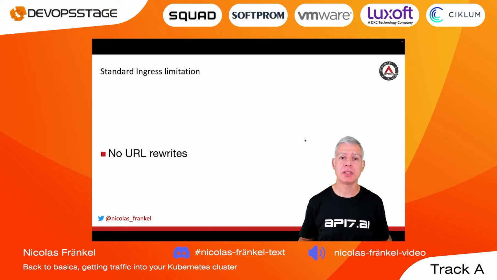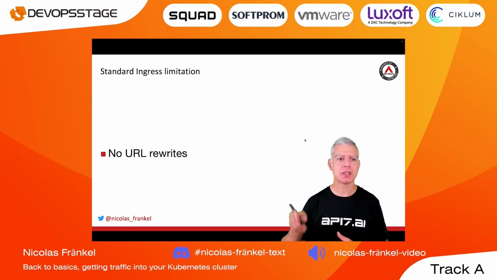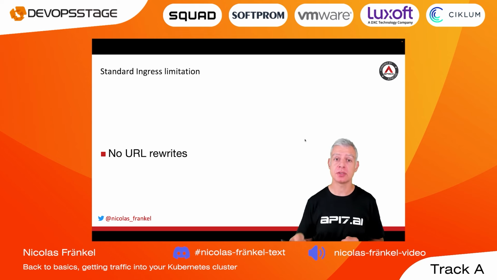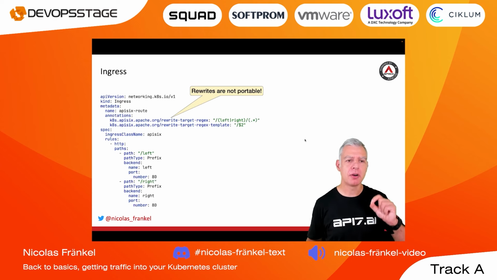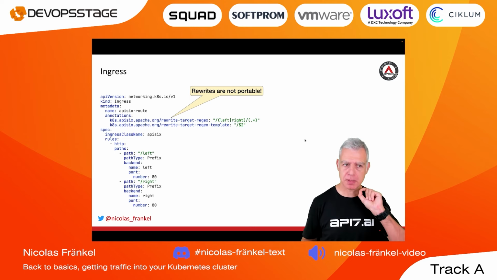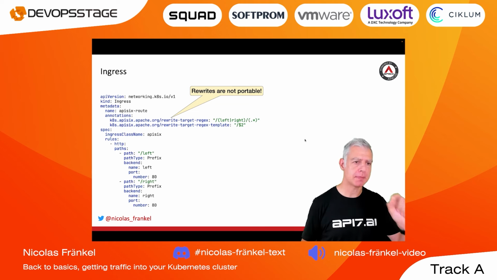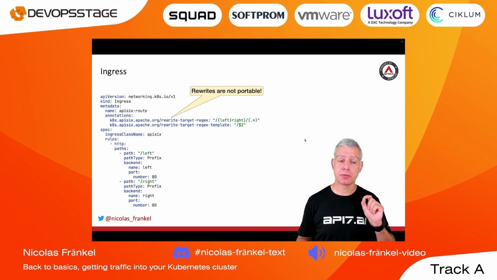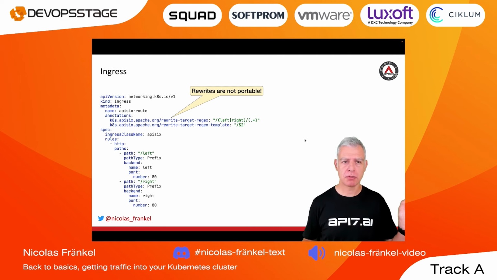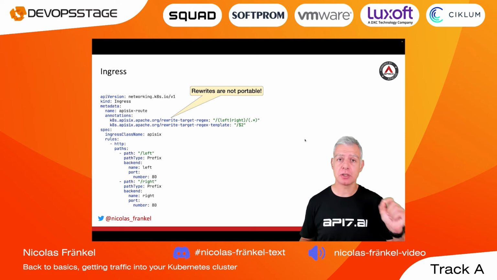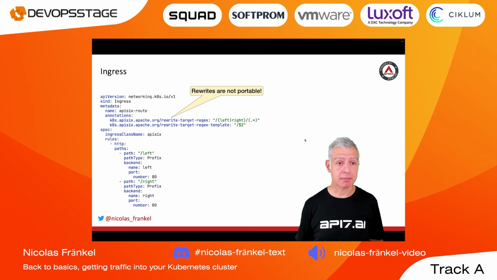And if we didn't configure /left/something, but just /something, well, we will have a 404. So that's the thing. We can rewrite depending on the implementation. And here is the implementation for Apache API 6, and we can do it through annotation. But you will note that those rewrites are not portable.